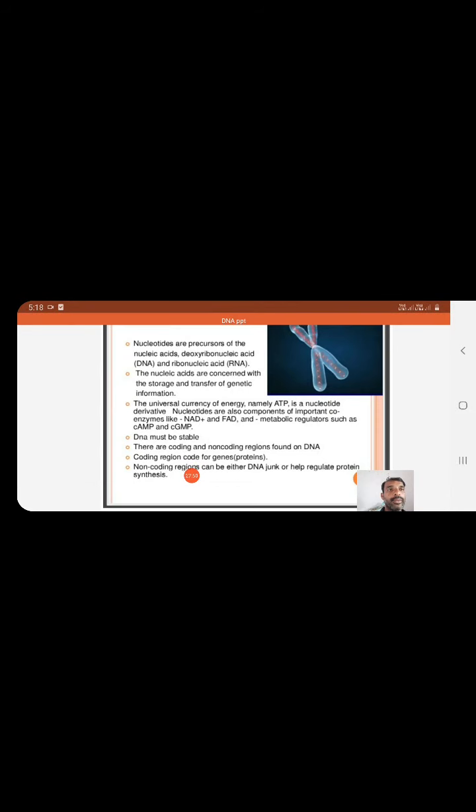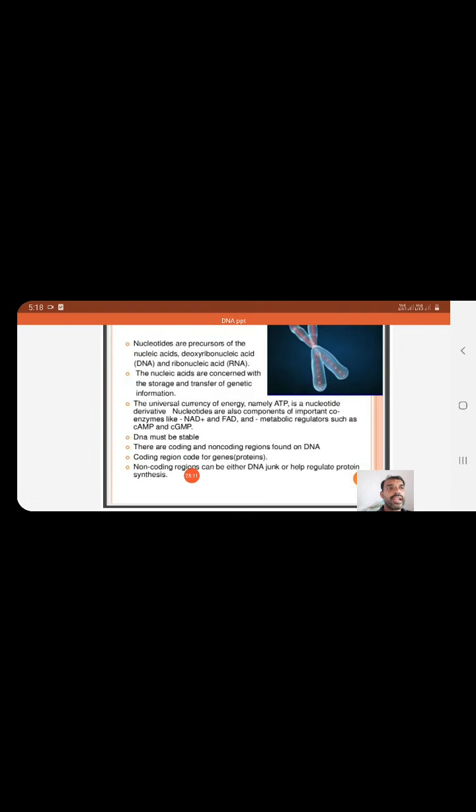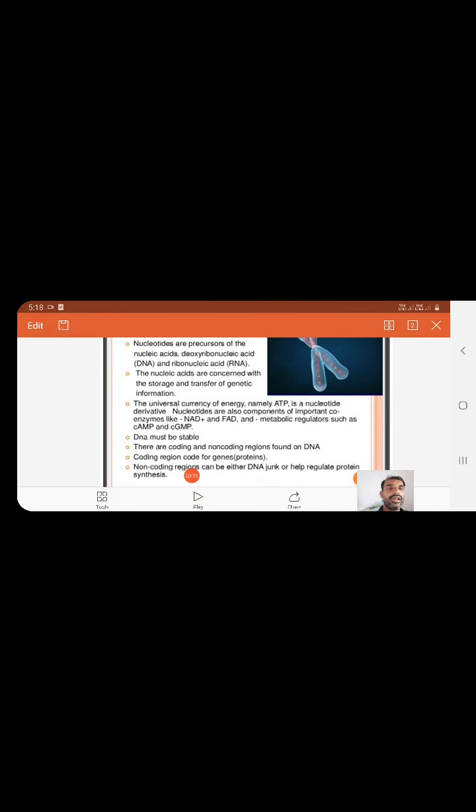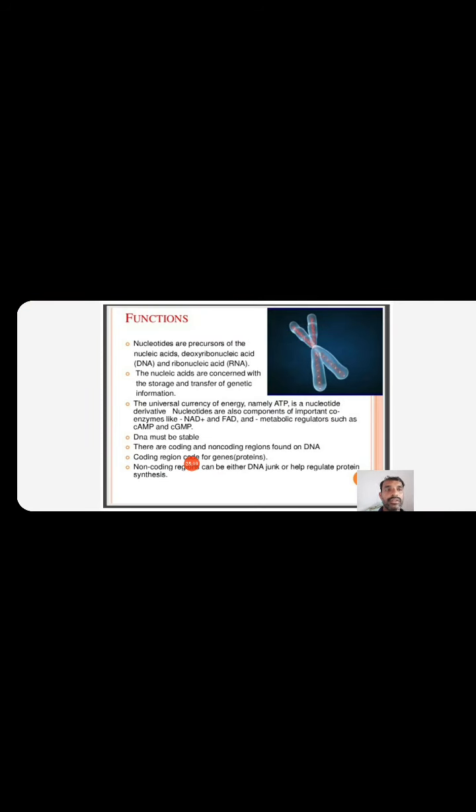This is very, very important in the DNA. Euchromatin and heterochromatin: in the chromosome structure, even the DNA structure, we can see the chromatids based on the coloring. Euchromatin and heterochromatin are both chromatins that are colored.